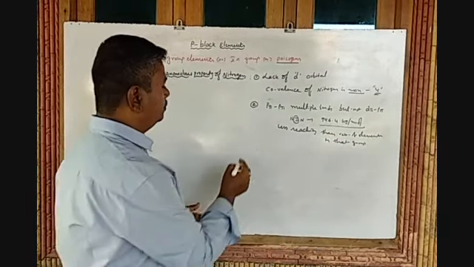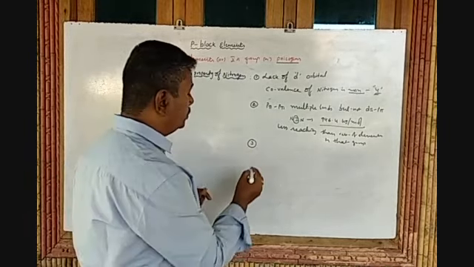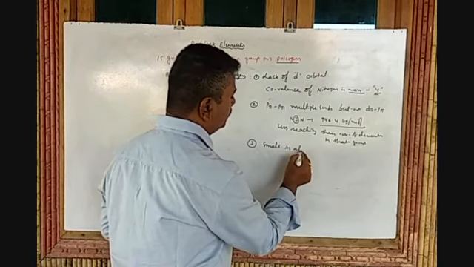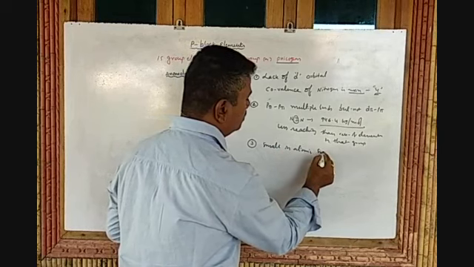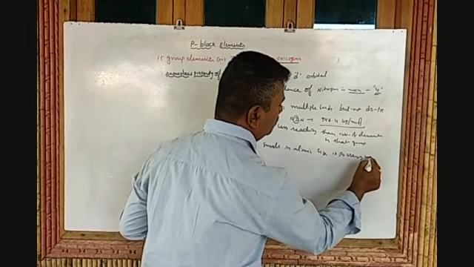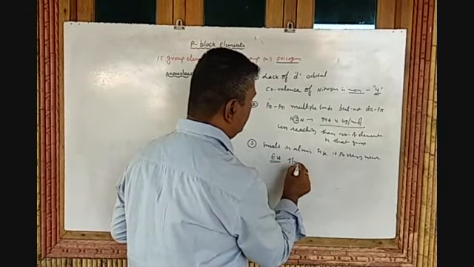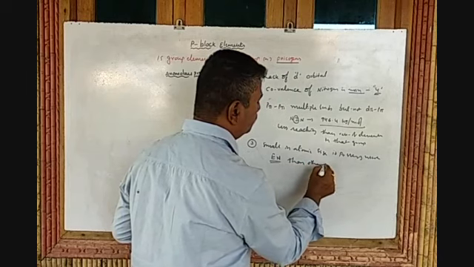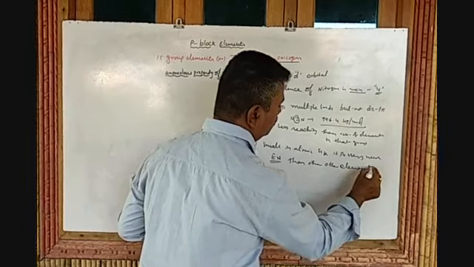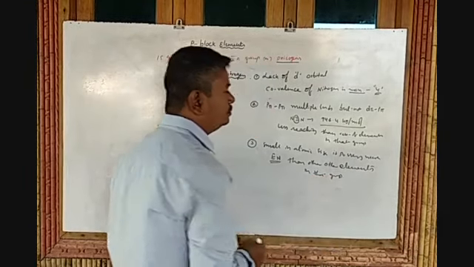Clear? Now, third one. Due to its small atomic size, it possesses more electronegativity than other elements in that group.